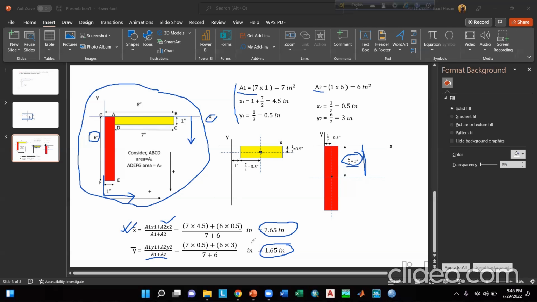So finally, we have got our desired centroidal distance for this composite body, which is equal to 2.65 for x bar and 1.65 for y bar. So that's the procedure for how we can calculate the centroidal distance for this particular composite body. Thank you, everyone.